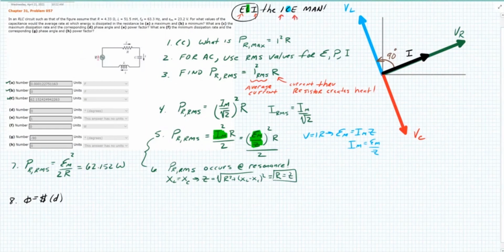Here's voltage, E for EMF. And yes, this is always 90 degrees, and this is trailing. Okay. All right, so what is the phase angle at resonance? This is what we do. So this is what you would do. I'm going to copy and paste this blue vector.